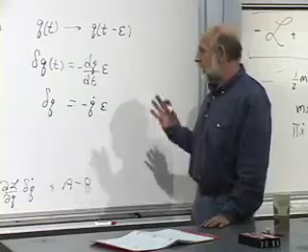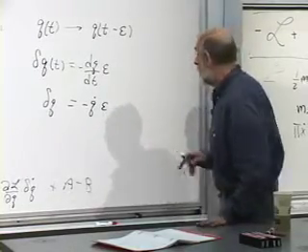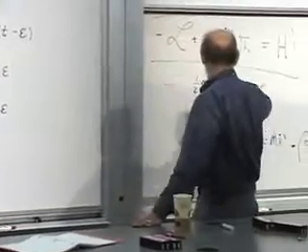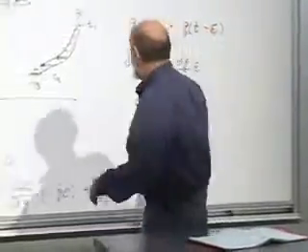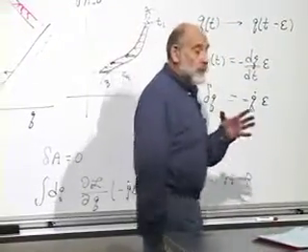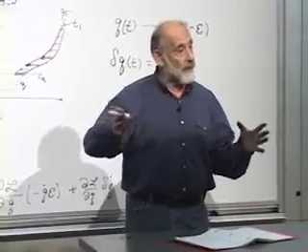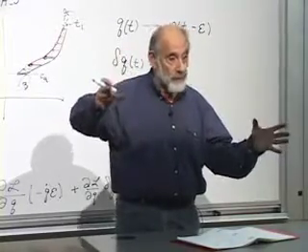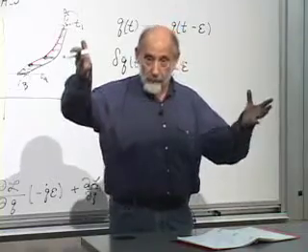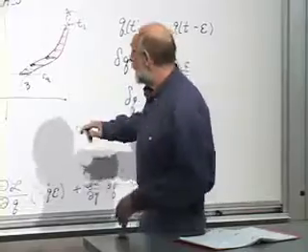But what happens if the Hamiltonian, or the Lagrangian, excuse me, is an explicit function of time, then the energy is not conserved. Why is that? Well, if the action is an explicit function of time, that means that the variation of the action when you push a trajectory forward will not be 0. A trajectory pushed forward in time will not be a solution of the equations of motion anymore.